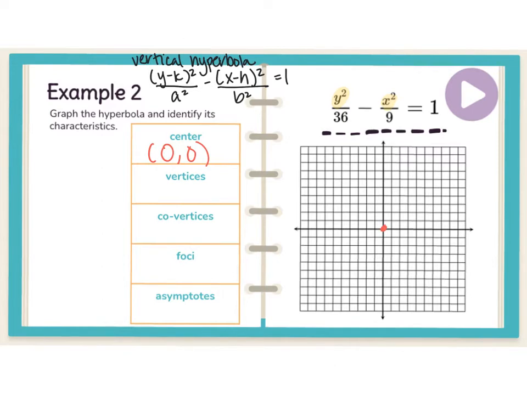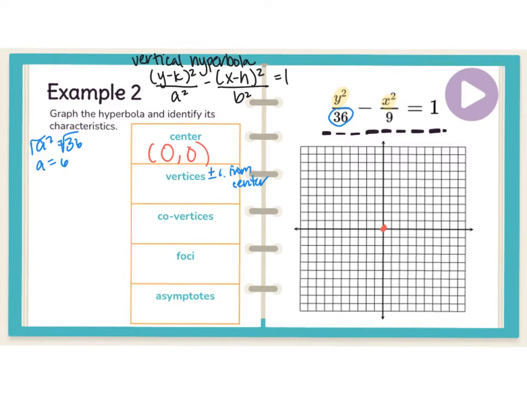Now the vertices, I can use the denominator a to find those. So remember that that's going to be plus minus a from the center. So we see that a squared equals 36. We're going to find the square root of both sides here, so a equals the square root of 36, which is 6.